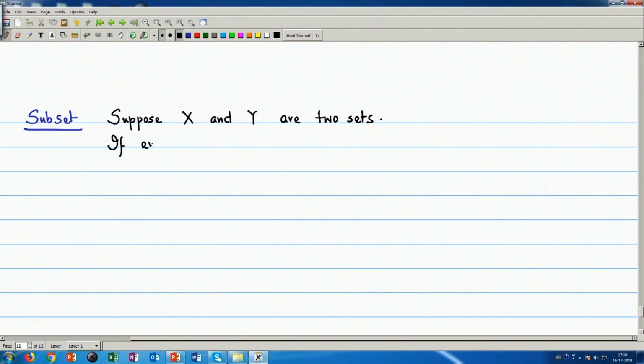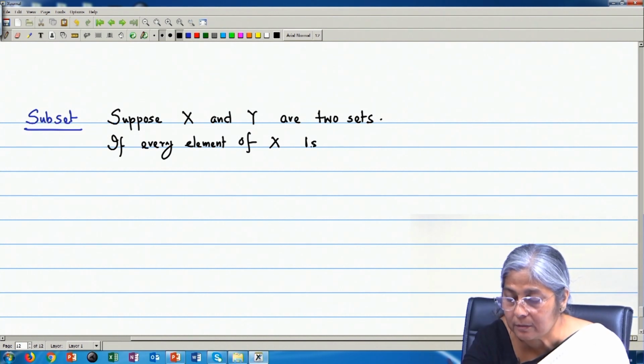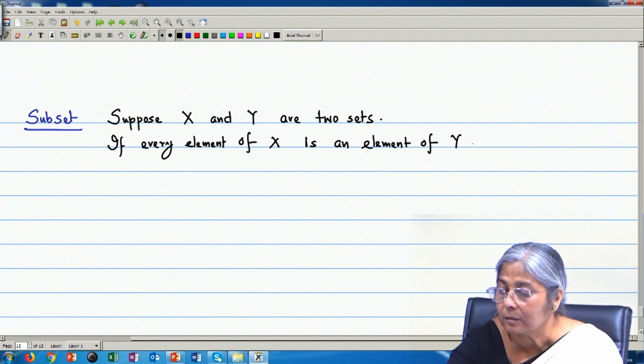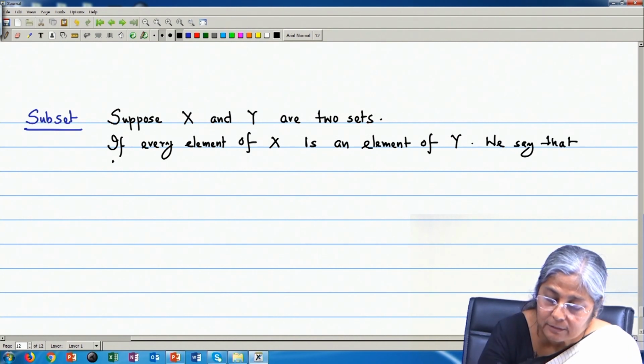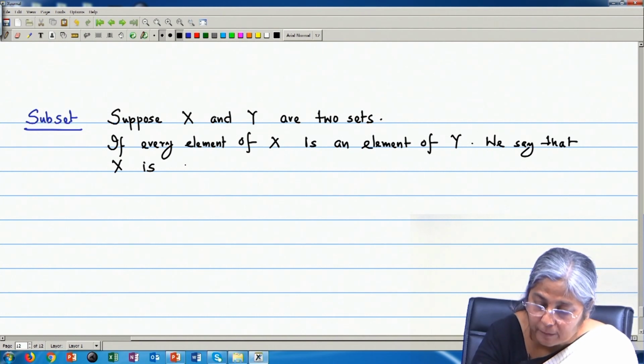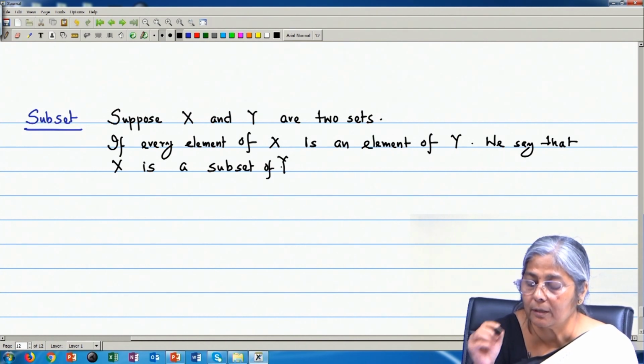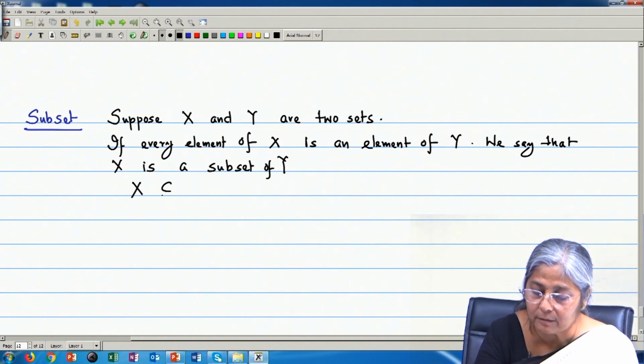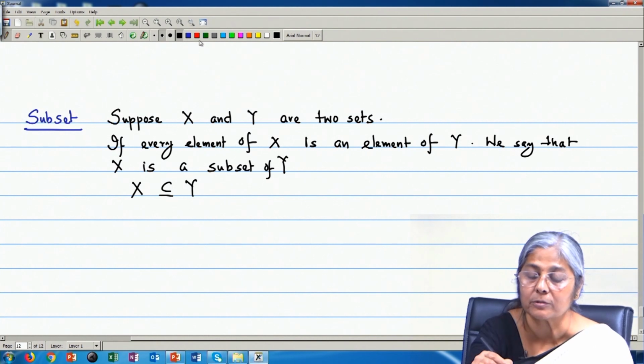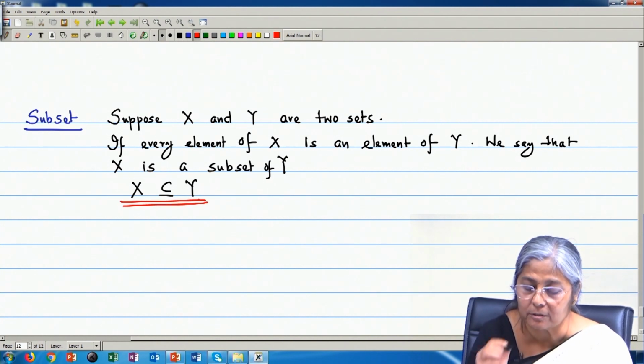If every element of x is an element of y, we say that x is a subset of y, and we denote that x is a subset of y. So, this is my notation of subset.